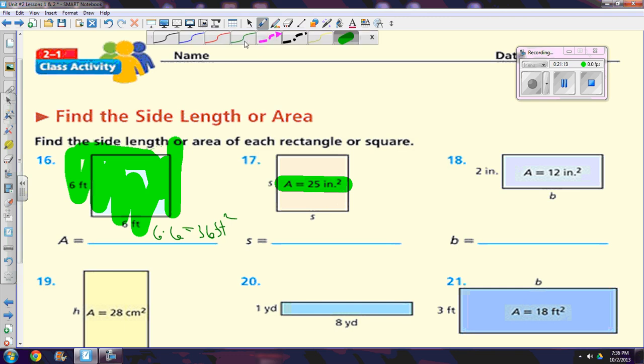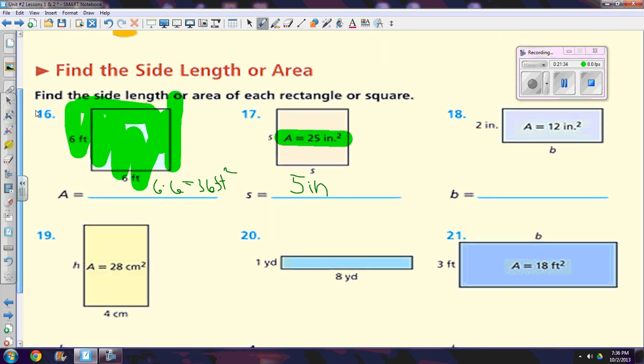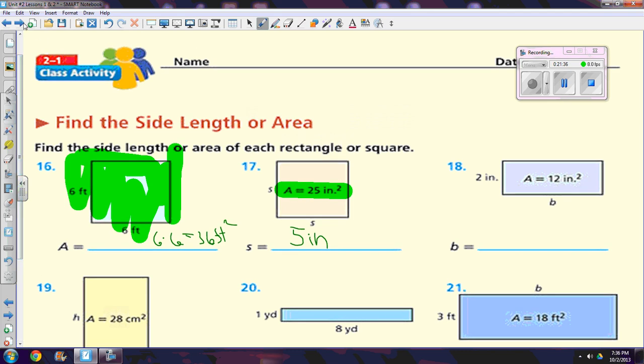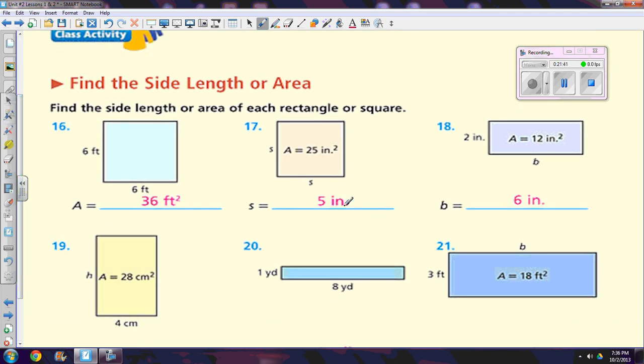So 5 inches would be your answer for number 17. And then you would work the others pretty much the same way. I think 16 and 17 is plenty. So let's move on. The answers here, 36 feet squared and 5 inches for number 17.